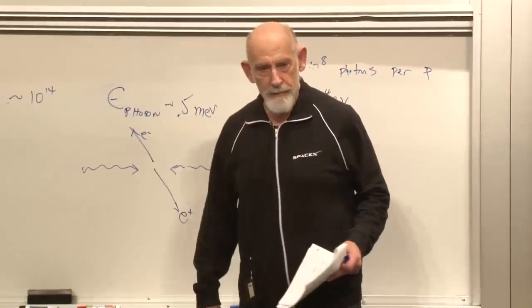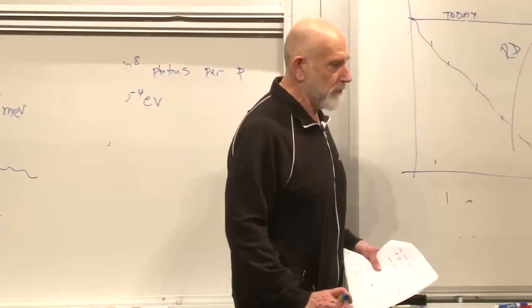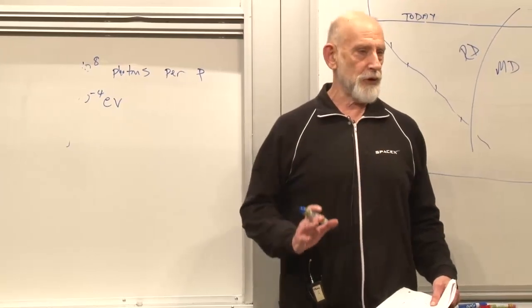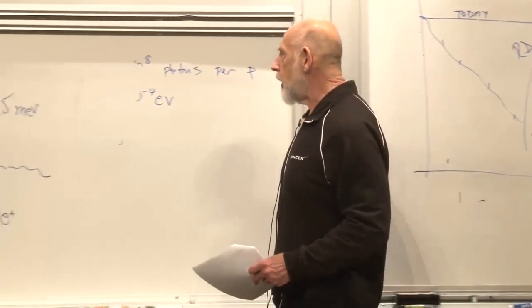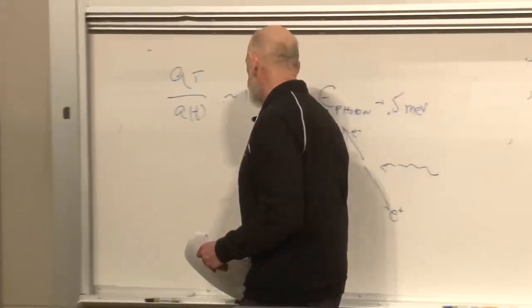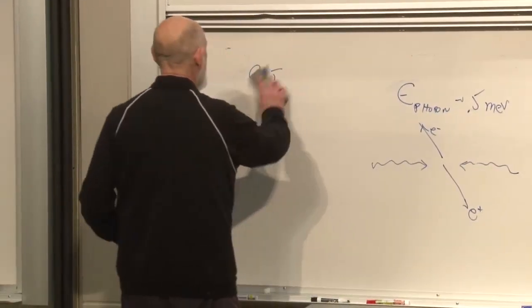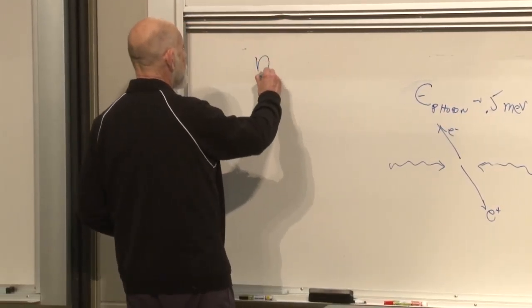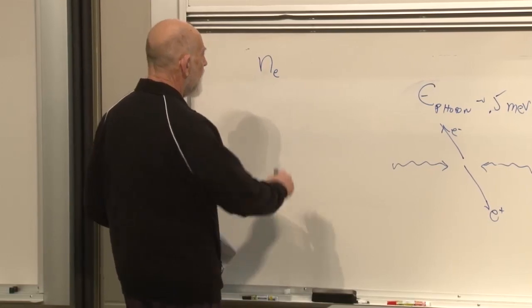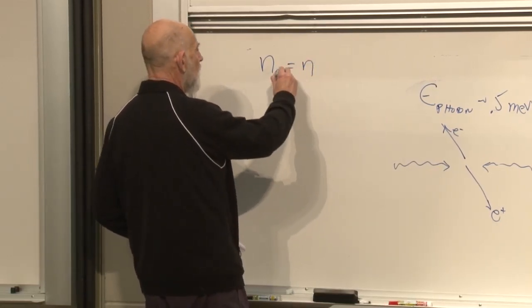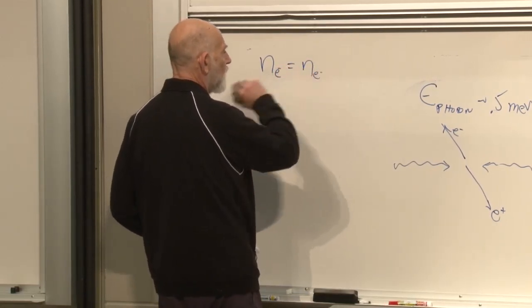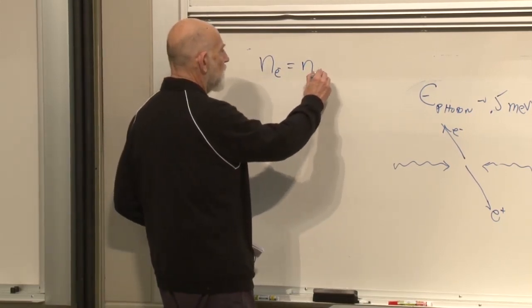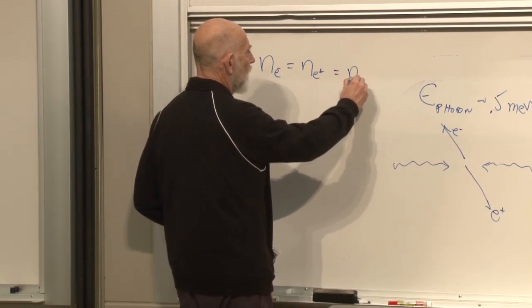And the equilibrium number of such electrons and positrons is determined not by history, but just by the temperature. When you're at thermal equilibrium at that temperature, the number of electrons is equal to the number of positrons, not quite, we'll see in a moment, but close. The number of electrons is about equal to the number of positrons is about equal to the number of photons.